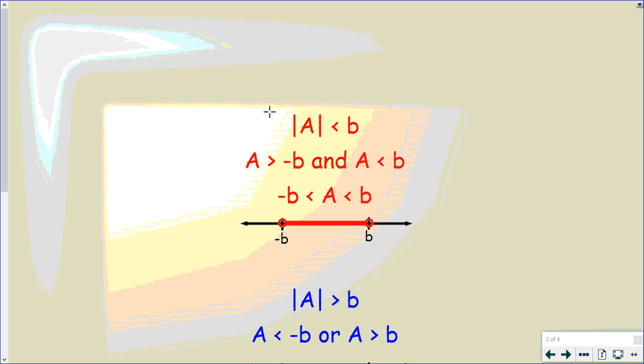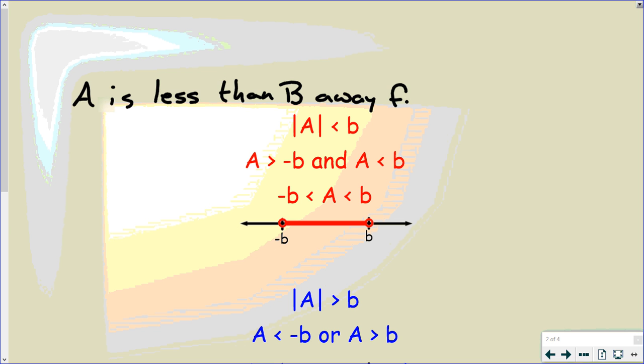This says that A is less than B away from 0 on the number line. So if we have 0 on this number line, A is less than B away. To be less than B away, it would have to be in this area right here, because if it's over here, then it's more than B away from 0.